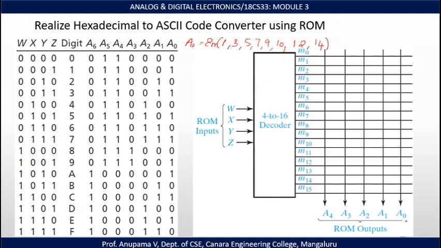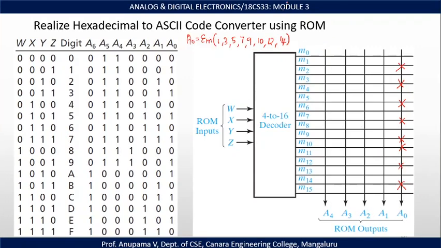Now let us implement A0 using ROM. So in the ROM array you have to cross mark against M1, M3, M5, M7, M9, M10, M12 and M14. Now we have implemented A0 using ROM.